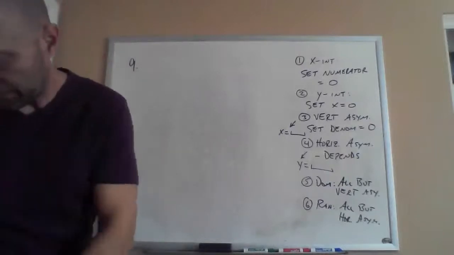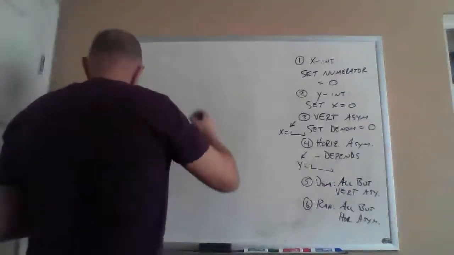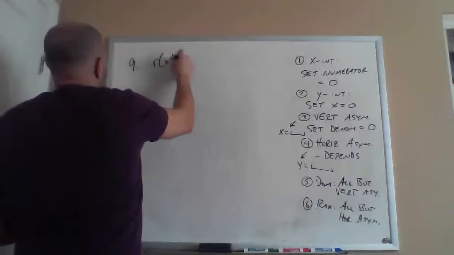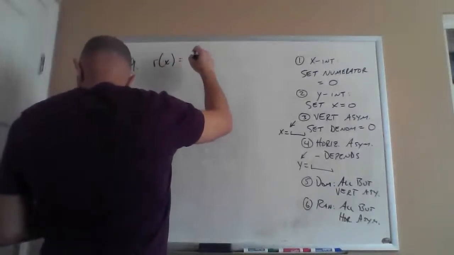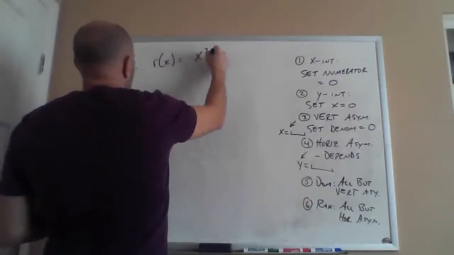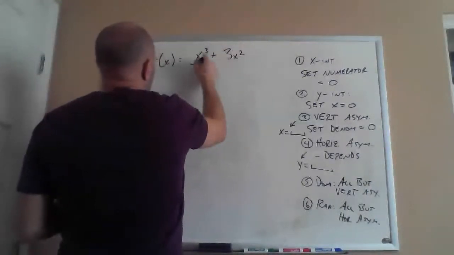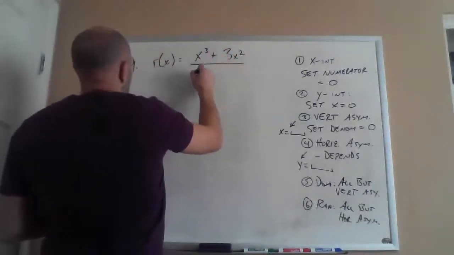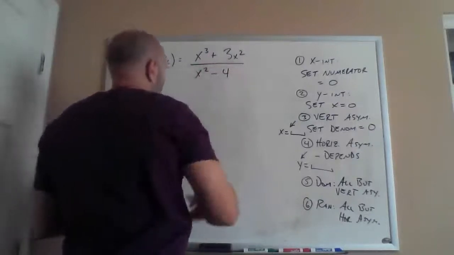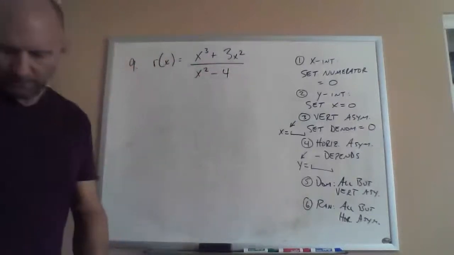So number 9, we have r of x is equal to x to the third plus 3x squared all over x squared minus 4.